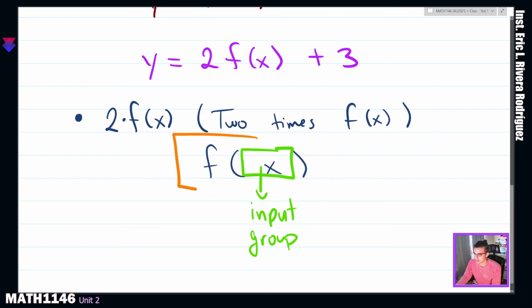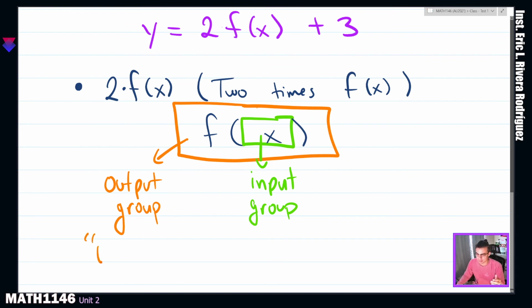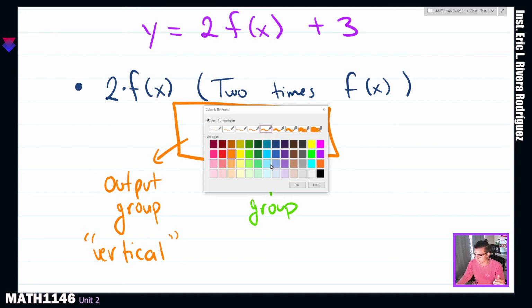Everything outside those parentheses is going to be known as the output group. Okay, why is that important? Because we have two main transformations. We have vertical. The word is vertical. Vertical transformation, and we have horizontal transformations.